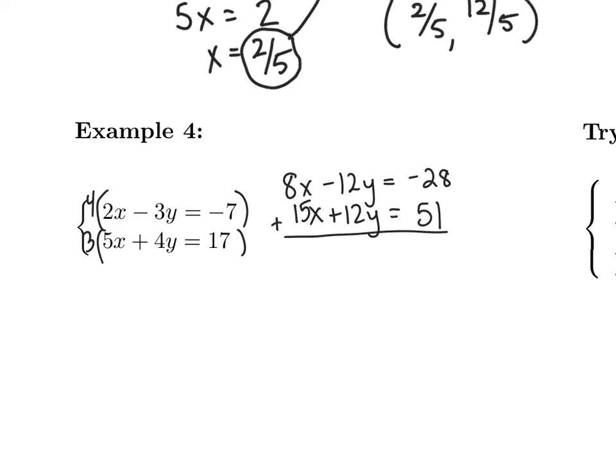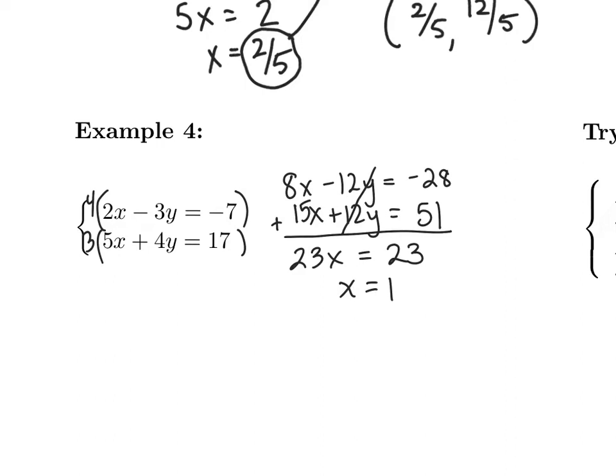I add that together. 15 and 8 is 23x, and 51 and negative 28 would be positive 23. So your x value is 1. Then we need to sub it in.